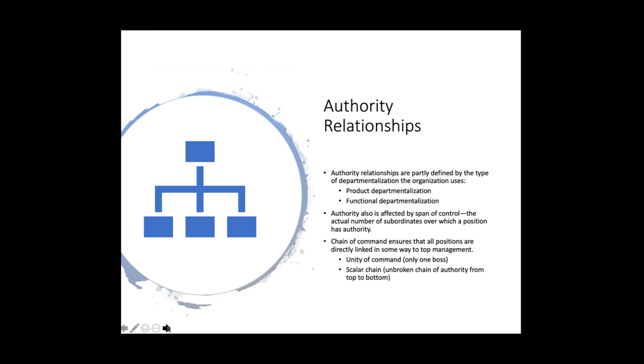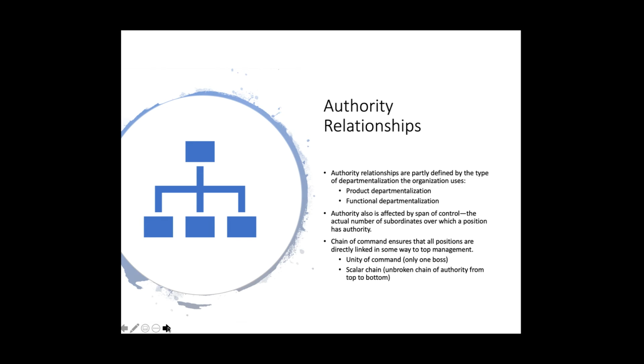Maybe he has 5, 10, 13 different employees all reporting to him. He has a wide span of control. Versus a manager with a narrow span of control. Maybe you have a manager who has only 2 people reporting directly to him. That will also have a different set of implications on the actual authority relationships.